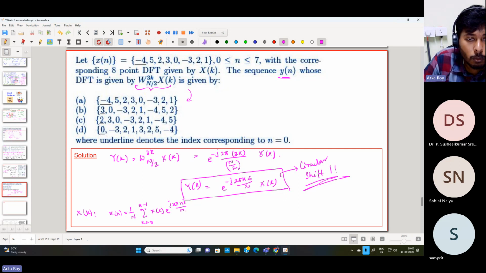One is that the output y[k] is related with some complex exponent multiplied with the original DFT.